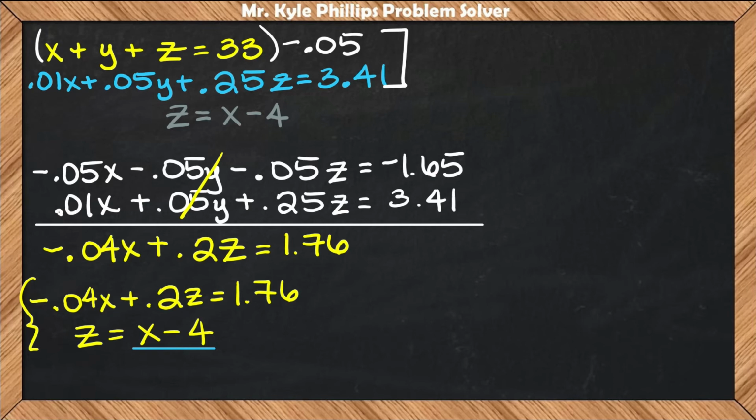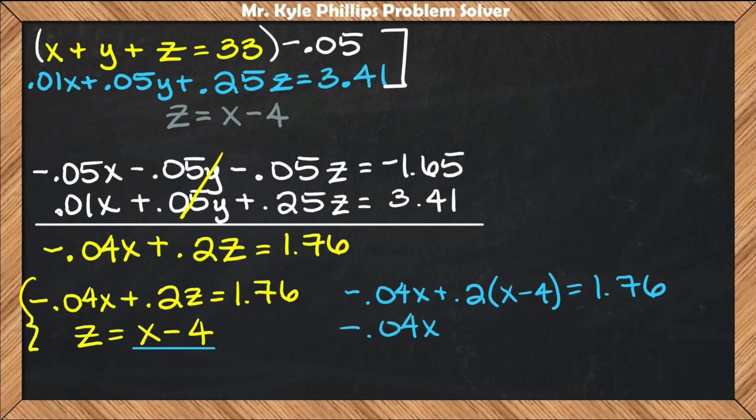We would have negative 0.04x plus 0.2 times the value of z, which is x minus 4, equals 1.76. So now we have negative 0.04x plus 0.2x, and then 0.2 times negative 4 is going to be negative 0.8. This is going to equal 1.76.